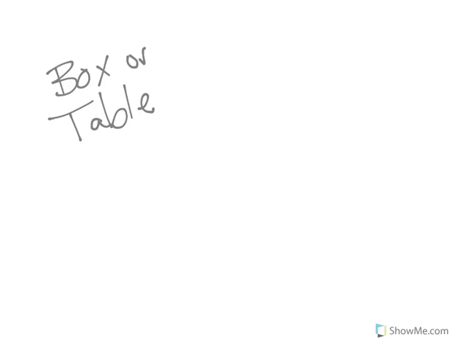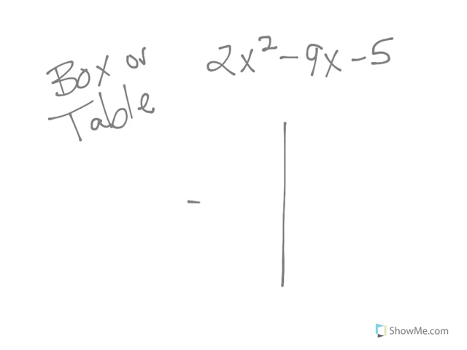So we are going to factor the 2x squared minus 9x minus 5, and organize our work in a box.